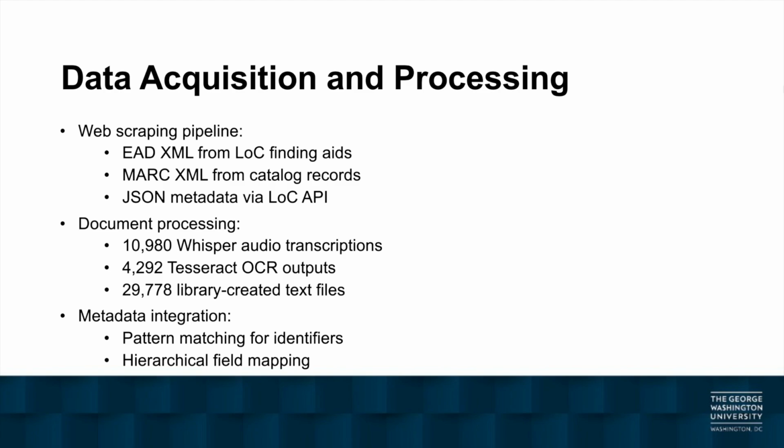And our final metadata schema includes everything from basic identification fields to specialized archival elements. And it's all stored as structured JSON to maintain compatibility with our vector store, which is a system called Deep Lake.